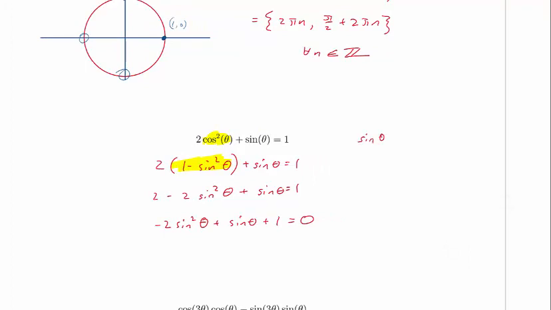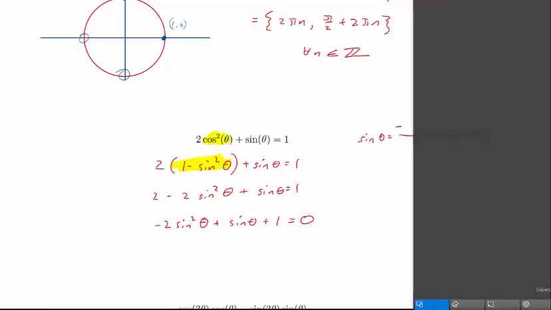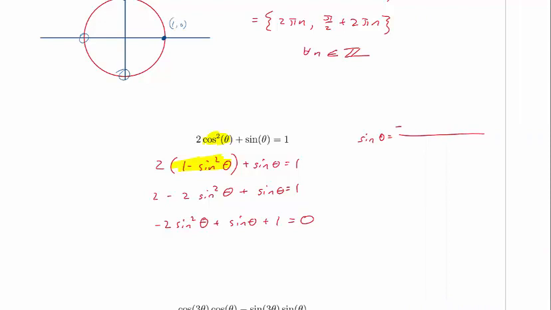Sine theta equals negative b plus or minus the square root of b squared minus 4 times a times c, all over 2 times a.